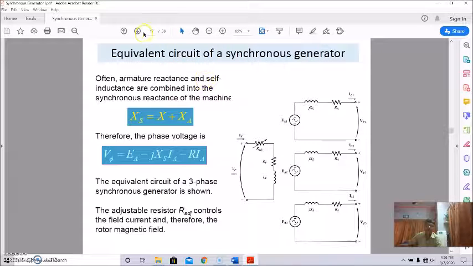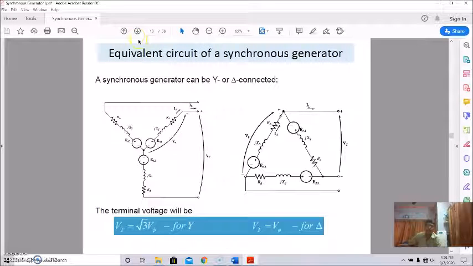The synchronous generator can be either star or delta connected.